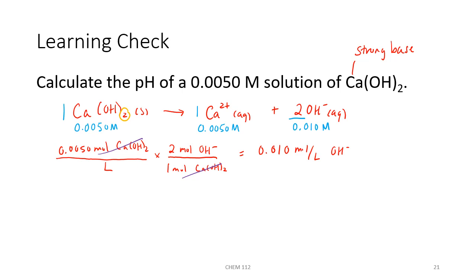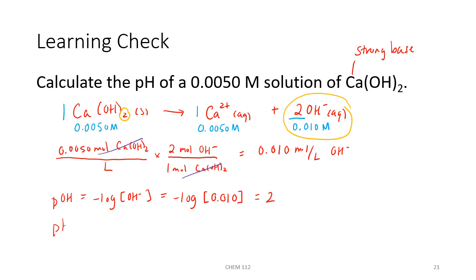We're going to want to use the concentration of the hydroxide ion to solve for the pOH first. The pOH will be equal to the negative log of the hydroxide ion concentration. So we'll have the negative log of 0.010 molar. And that gives us a pOH equal to 2.